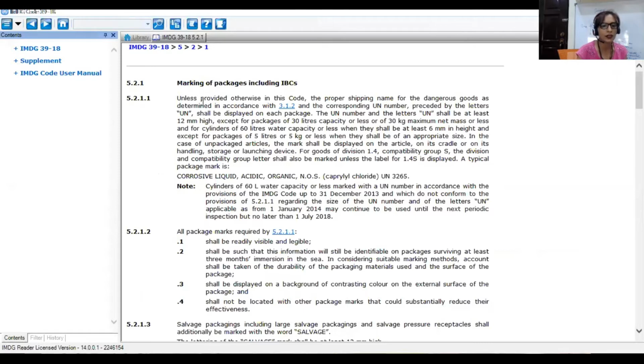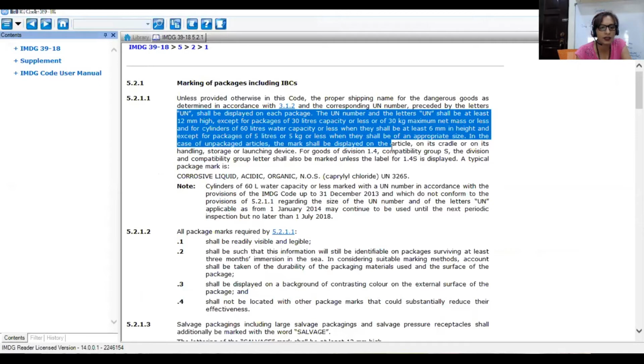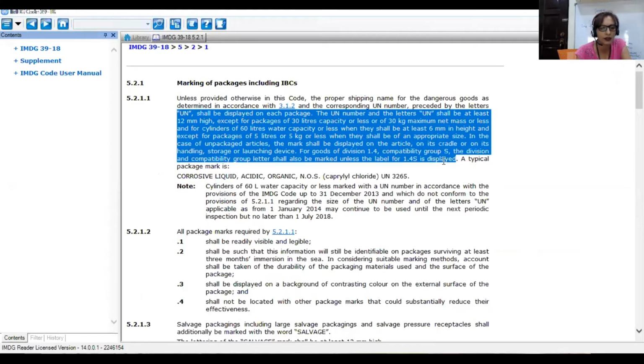Because it's all long, we break it down in bullets. They start by telling you the size of the mark. The UN number shall be at least 12 millimeters in height, except for packages with capacities less than 30 kg, where you can reduce the size. Then they indicate how the UN number has to be indicated.